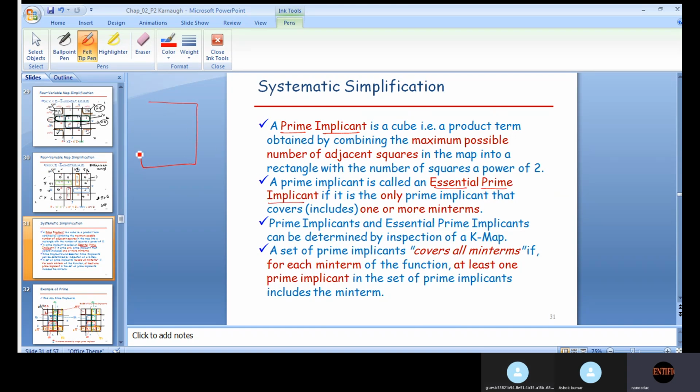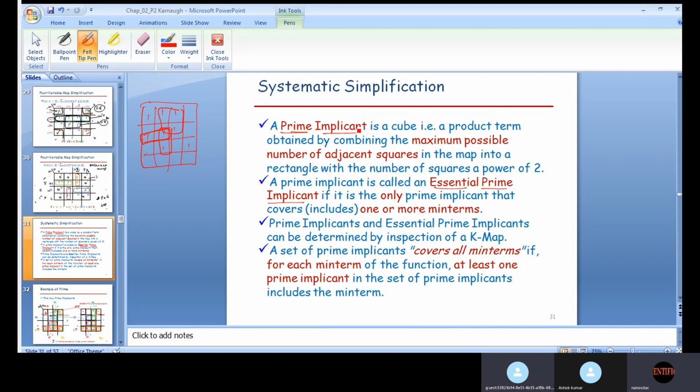You know, here you will be having 16 cells, and in the 16 cells there are min terms or max terms, whatever it may be. Okay, so where the ones are, they are the min terms. Okay, so here a prime implicant is a group of 2 cells, or a group of adjacent cells, it is called a prime implicant.